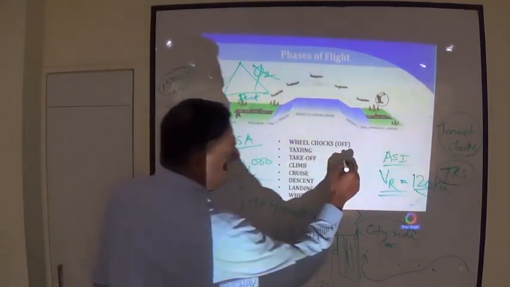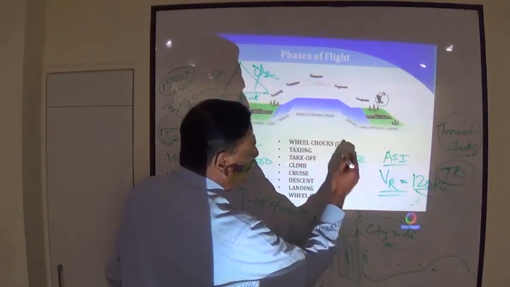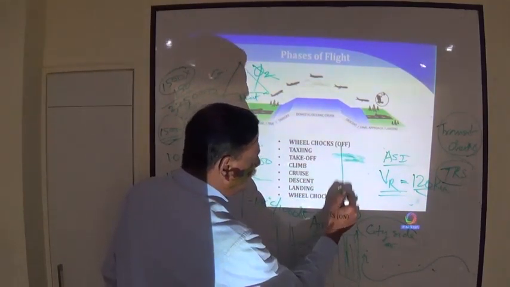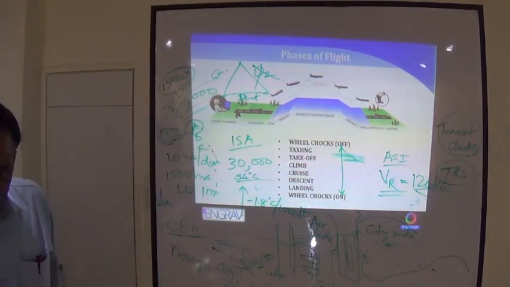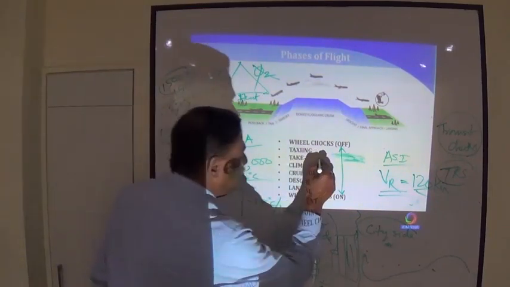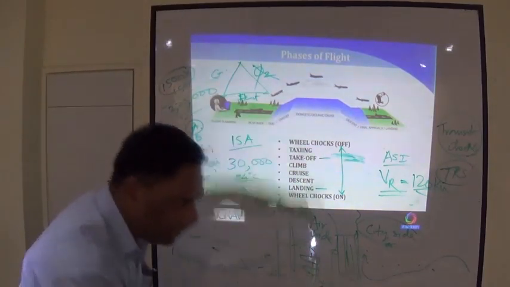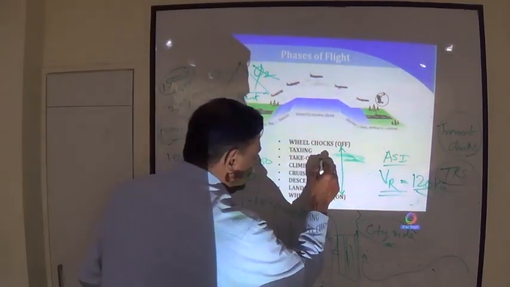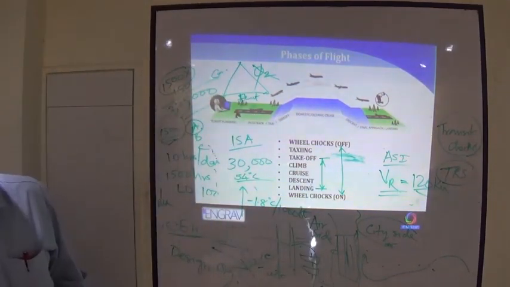The time from chokes off to chokes on is called block hours, because for the system to increment the airframe hours and component hours, you need two times. The time between takeoff and landing, or airborne time and touchdown time, is called time in air. This is the time the aircraft is in the air.